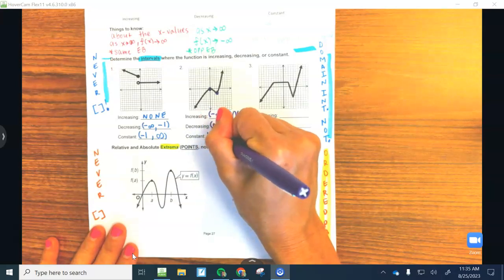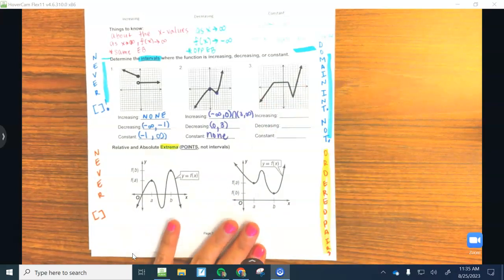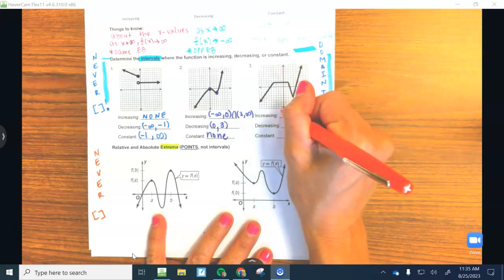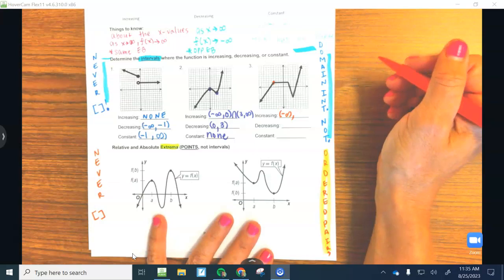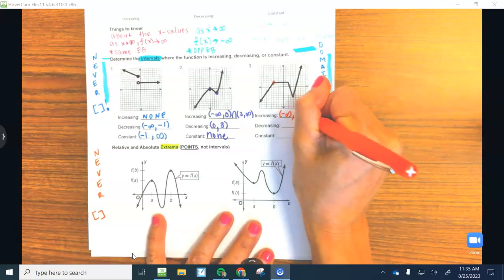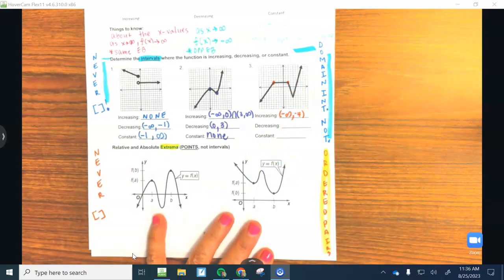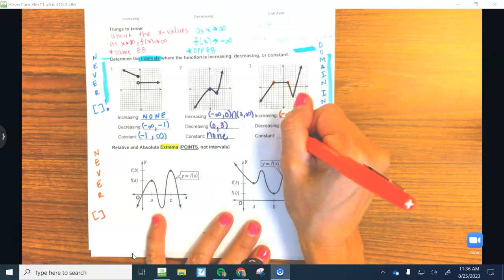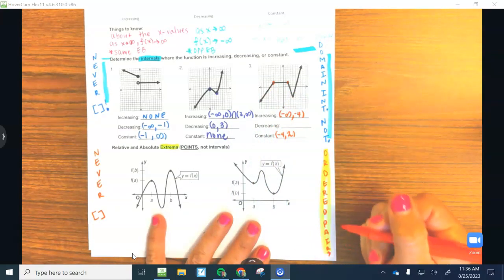None for constant. All right, now let's look at the next graph. When I start reading the next graph from left to right, the first thing I see is an arrow. So it increases from negative infinity to that point right there, which appears to be -4. Then it stays constant from -4 to, what is that, 2? I believe so. So let's write -4 to 2.